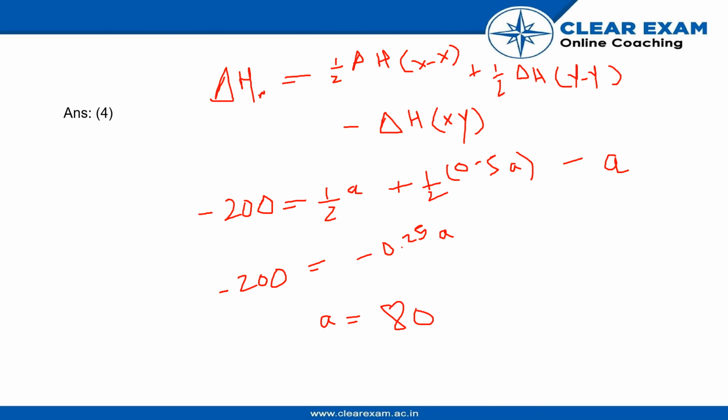So the bond dissociation energy for X2 will be 800 kilojoule per mole, which is the fourth option.